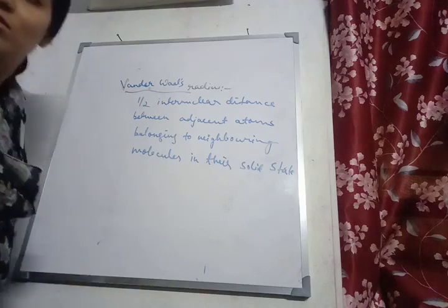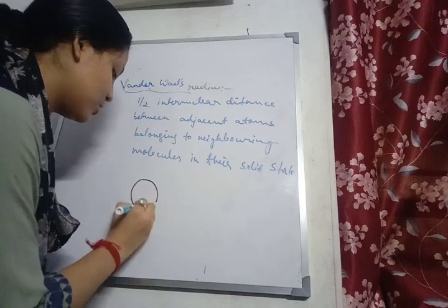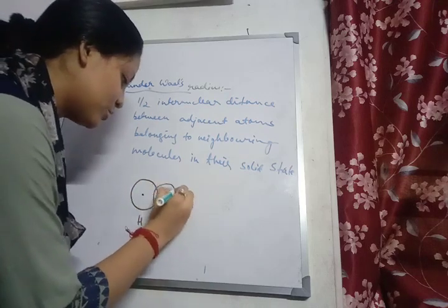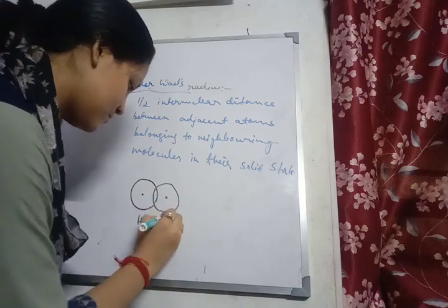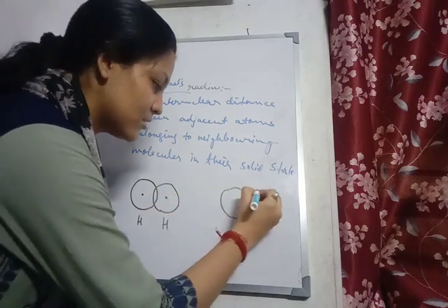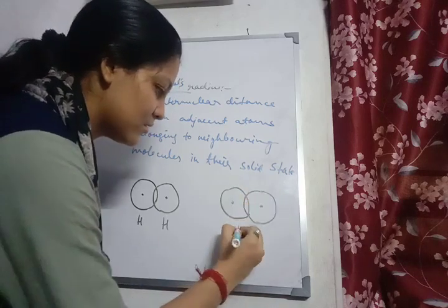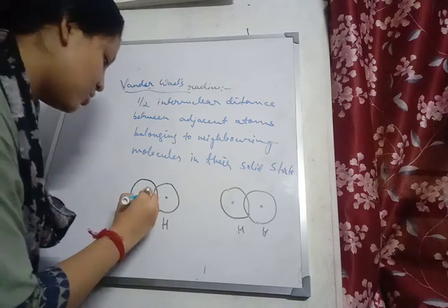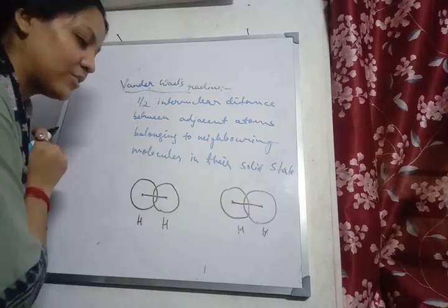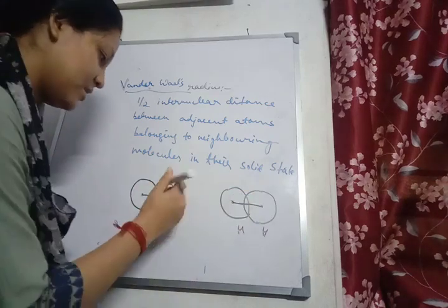So how can we represent it? Suppose this is one hydrogen molecule, and here we have another hydrogen molecule. Now we know half of this is your covalent radius. Here also. Now what is van der Waals radius?